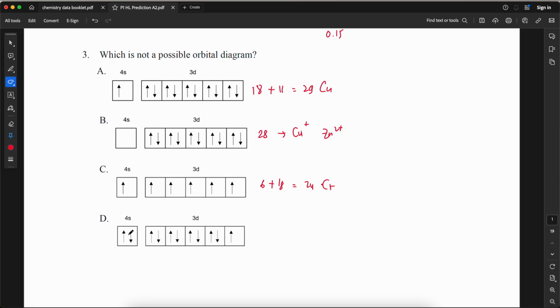I mean, 2 spins are here, 2 electrons are here. This is wrong. We need to follow these rules. It should be half filled or full filled. So this electron actually should be right here first. So that would be 4s1 and then 3d10. So it's not possible. The orbital diagram would be D.